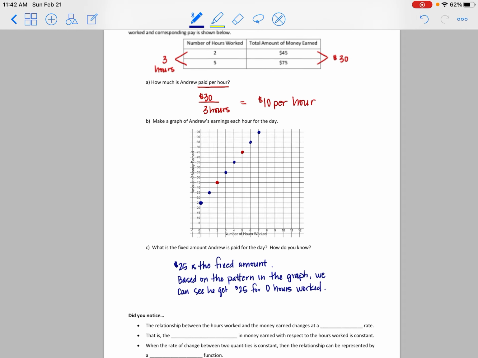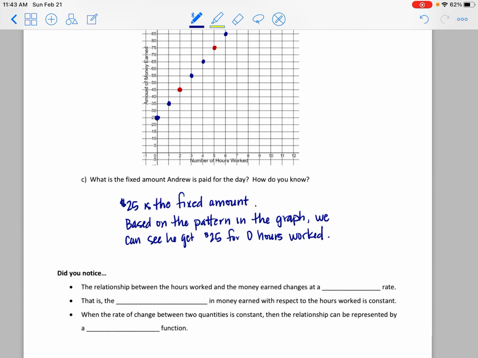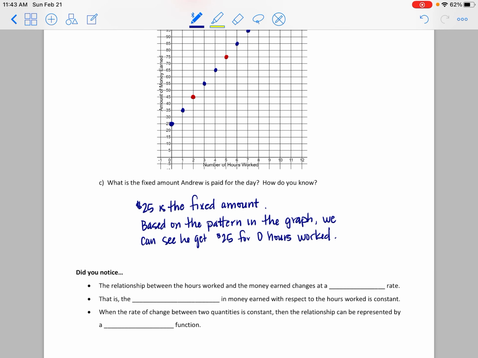And if it's a little confusing, don't worry, but I do want you to just see how there's sort of a linear relationship happening here. Okay, notice that the relationship between the hours worked, which is what we graphed here on the x-axis, and the money that was earned, it changes at a constant rate. So 1 hour is $10 more, another hour is another $10, another hour is another $10.